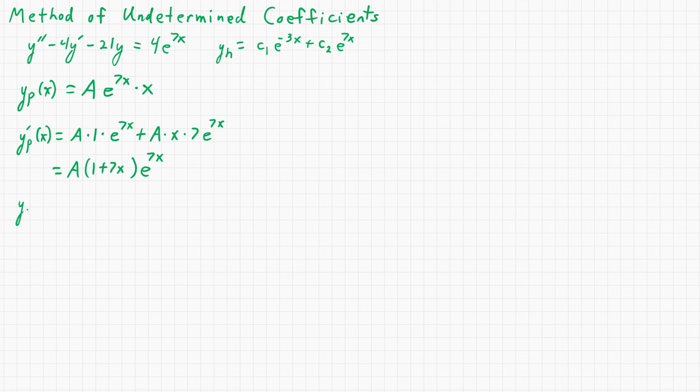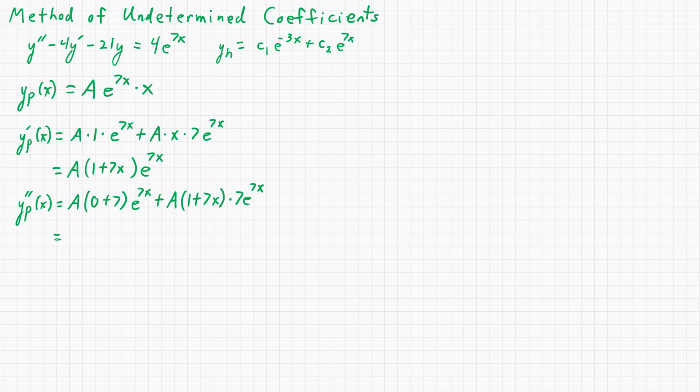All right, so now let's do the final y particular double prime of x. Well, that's going to be a times, take the derivative of the x part here, we get 0 plus 7 times e to the 7x, then plus the other half of the product rule, a times 1 plus 7x times 7 e to the 7x. Right, the other half of the product rule.